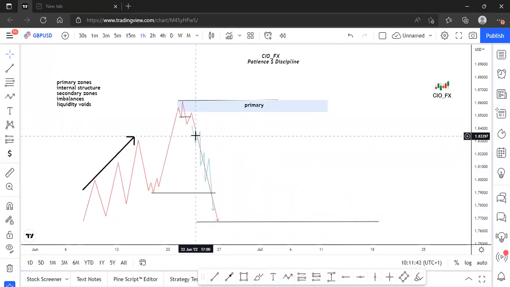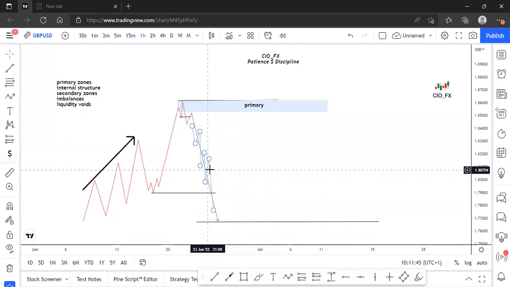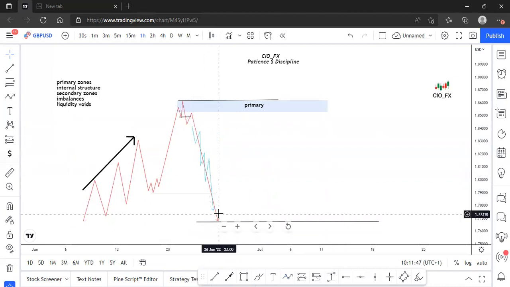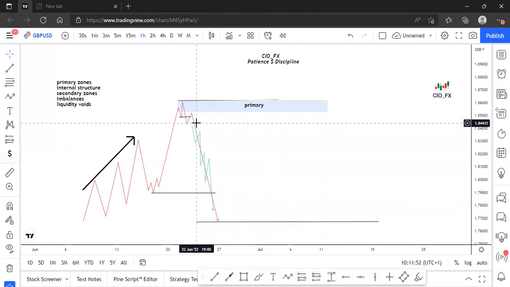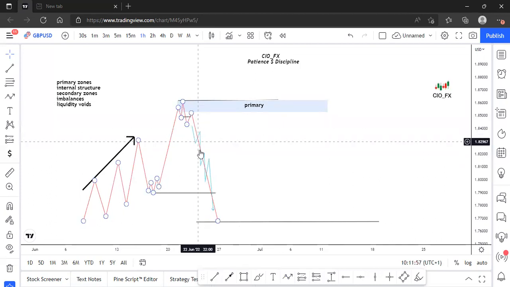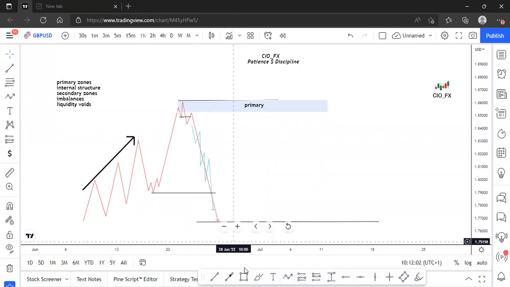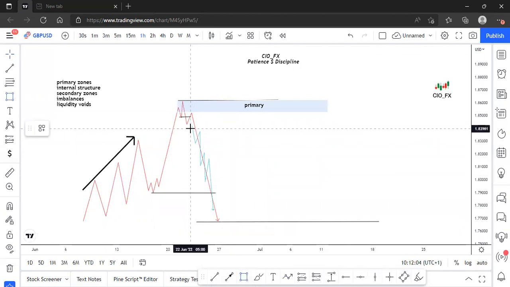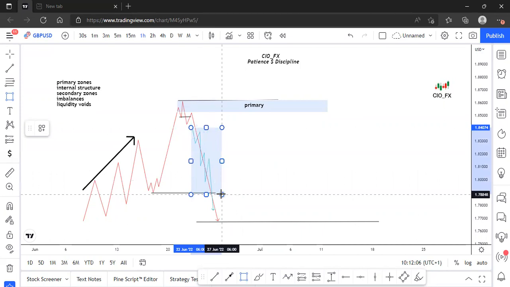So you'll be seeing a series of highs, lows, different mitigations. Are you getting it? The market is not just going to come down like a line chart. No, you will see structures. So immediately after your primary zone, these structures that are forming here that cause the break of structure are your internal structure. So all these are your internal structure.